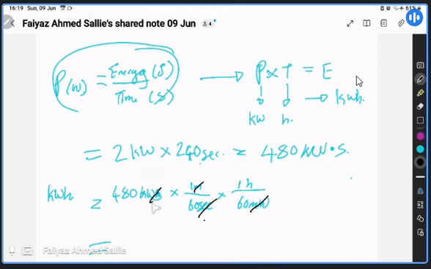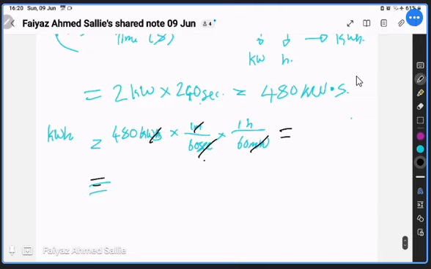I hope you guys remember this from fluid dynamics, also called dimensional analysis, and we're going to get an answer of, let's do that in our calculator, 480 divided by 60, divided by 60. So we get 130 times 10 to the minus 3 kilowatt hours.